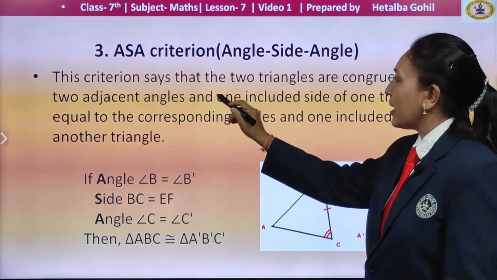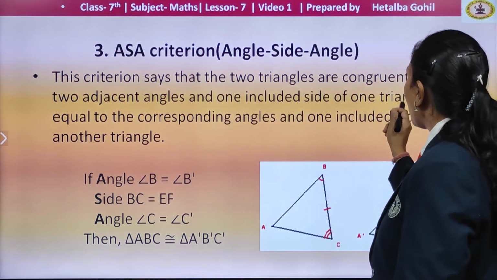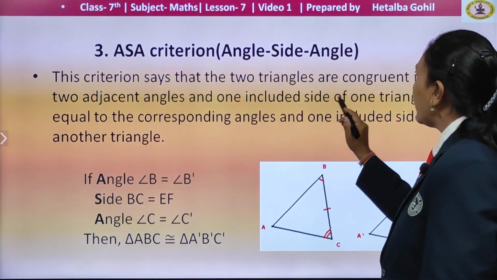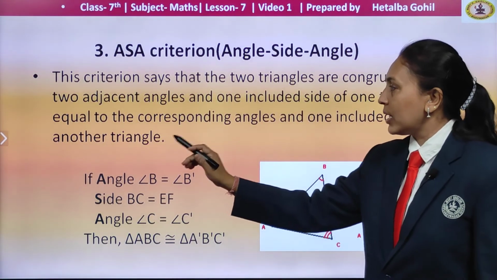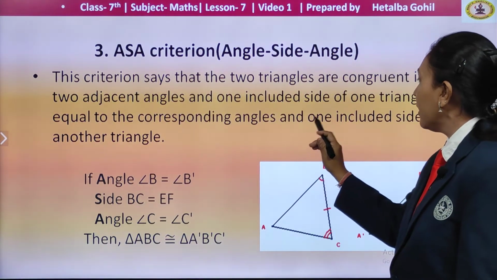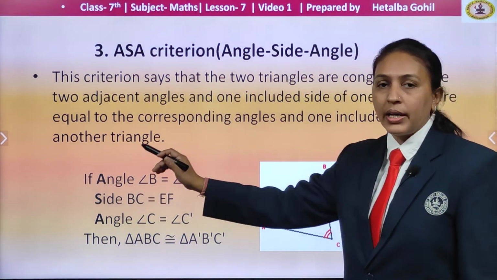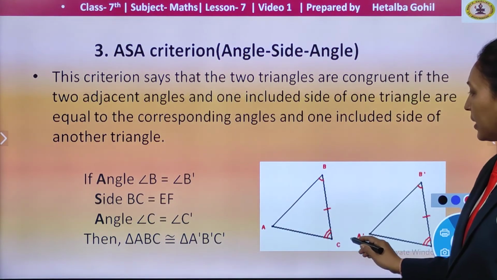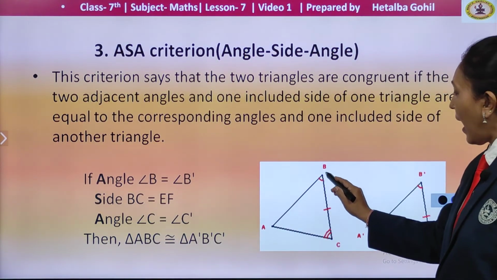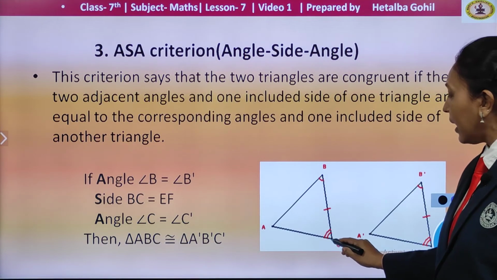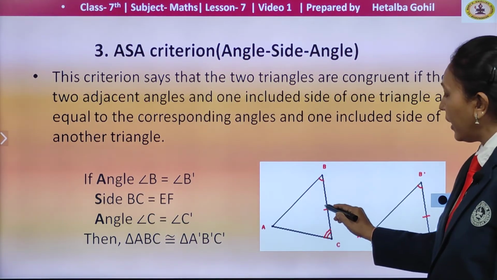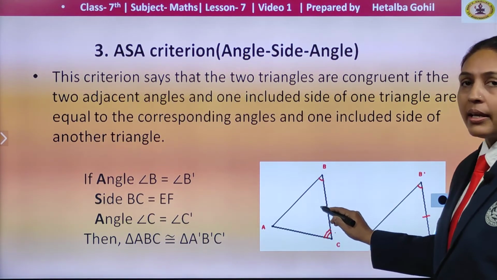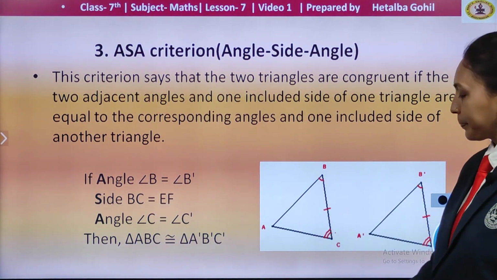This criteria says that the two triangles are congruent if the two adjacent angles and one included side of one triangle are equal to the corresponding angles and included side of another triangle. For example, here children, you can see in the figure. Suppose angle B and angle C we have taken, then the included side will be BC. So the adjacent angles and the included side here.